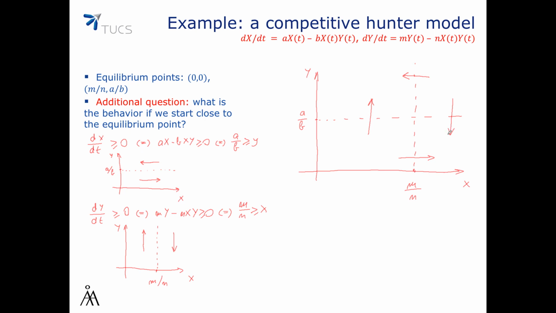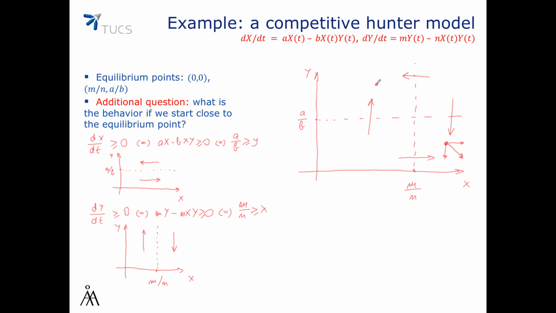So what this plot is suggesting is that if you start from a point somewhere here, then these two arrows combined mean that you are going to be pushed further and further away, and in fact in this situation the population y eventually is going to go to 0, so x is winning.